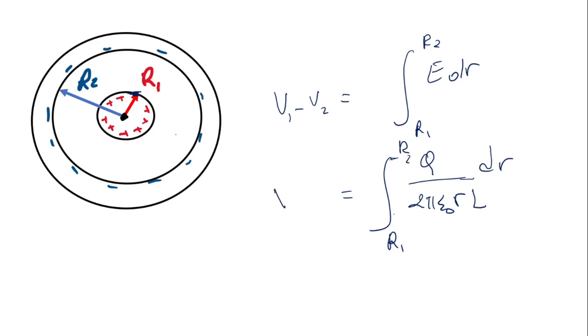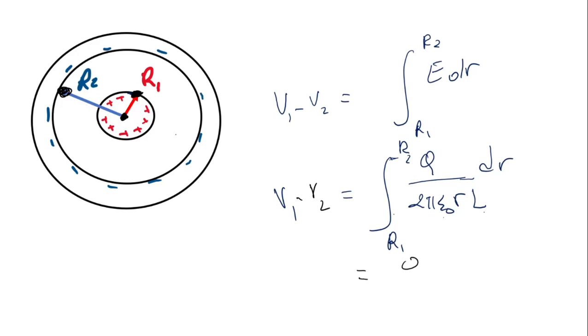This gives the difference of electric potential between points 1 and 2, where point 1 is at radius R1 and point 2 at radius R2. The terms Q over 2 pi epsilon 0 and L are constant, so we can take them outside the integral.